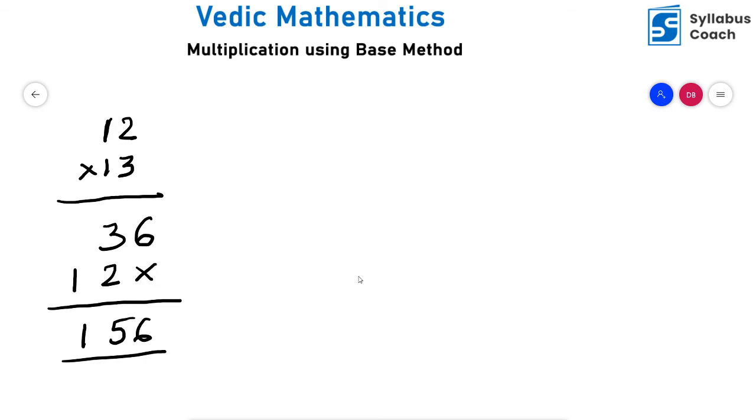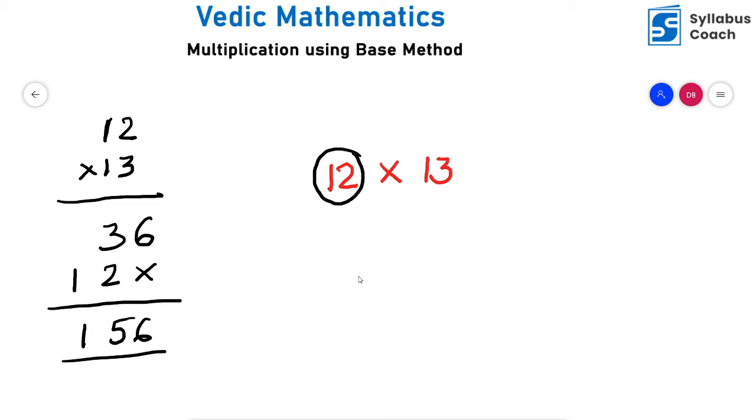Now let's try to solve this question with the technique that we are going to learn today. The first step is to write the question, which is 12 into 13. Once you write the question, identify the base of the question.